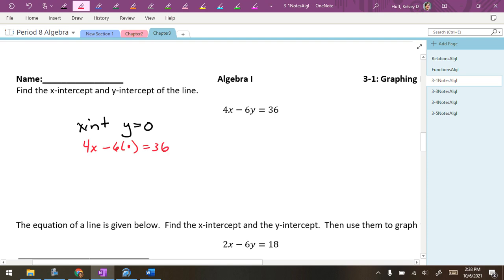Now, what is negative 6 times 0? 0. So really I have 4x equals 36. Divide by 4, x equals 9. So my x-intercept occurred at 9. You could also write that as an ordered pair of 9, comma 0.